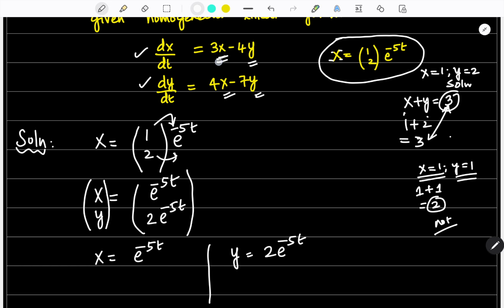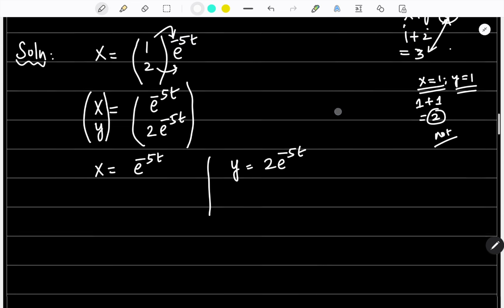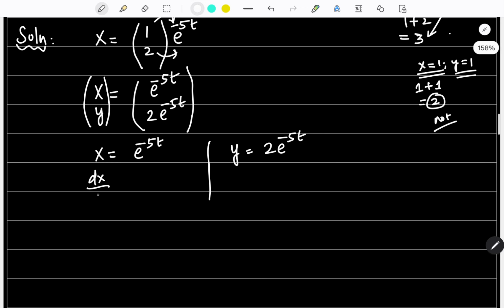We can put x here, we can put y here. Where is your dx by dt? Where is your dy by dt? So we need to find dx by dt and dy by dt. What is dx by dt? e power minus 5t times minus 5.